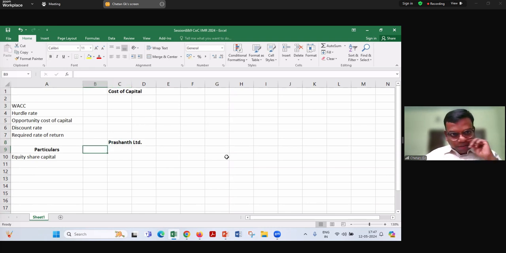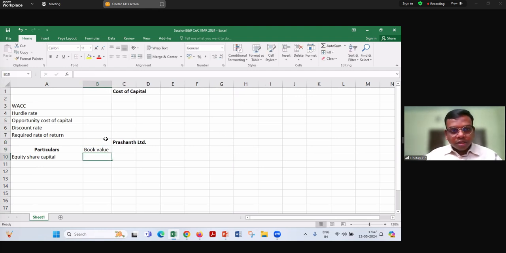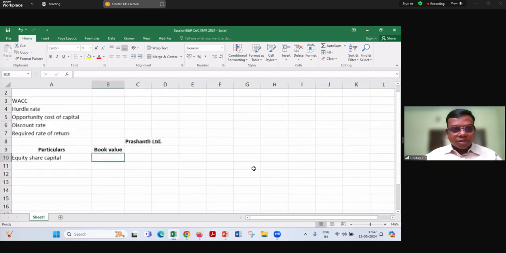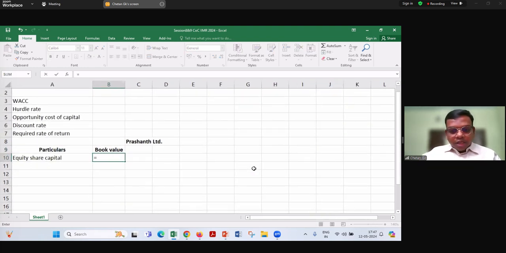Okay, so how much is the value of these shares? Let us write it down here. I'm just going with an approximation, making some assumptions. Assuming that there are 10 crore shares outstanding.